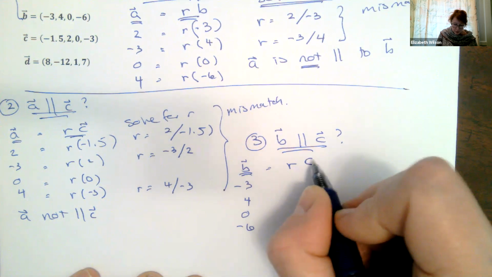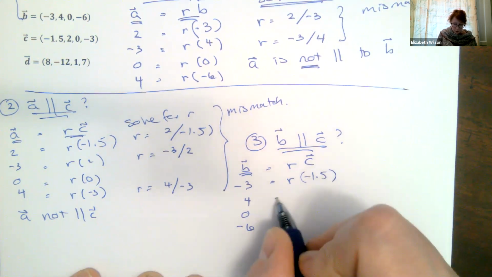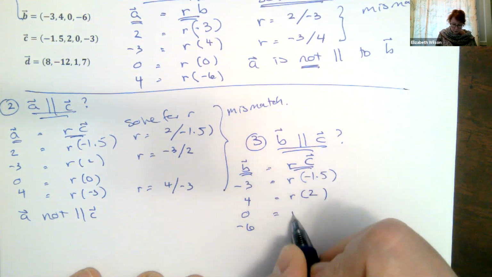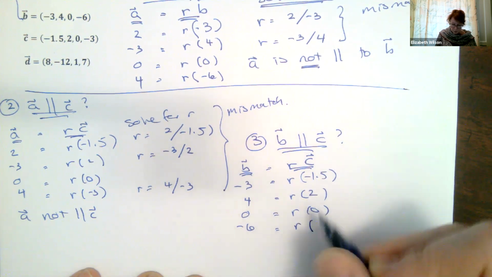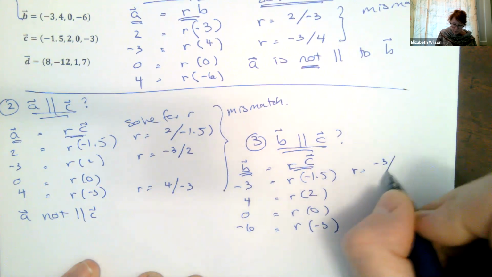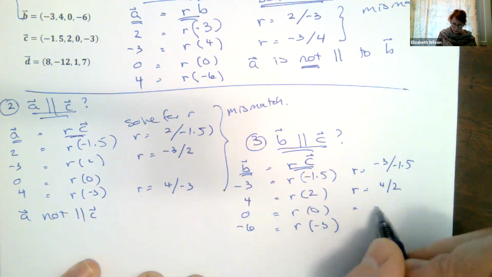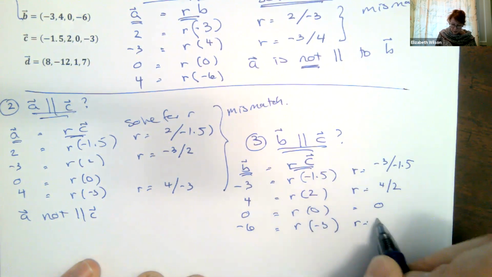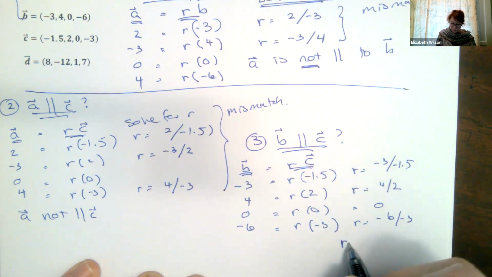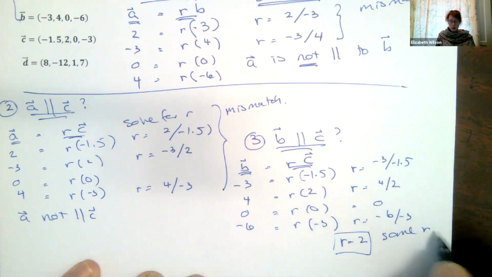R times C. So it's going to be equal to R times -1.5, R times 2, R times 0, R times -3. So now I'm going to solve for R. R equals -3 divided by -1.5. R equals 4 divided by 2. This is 0. R equals -6 divided by -3. So it looks like our R is equal to 2. Same R for all components.